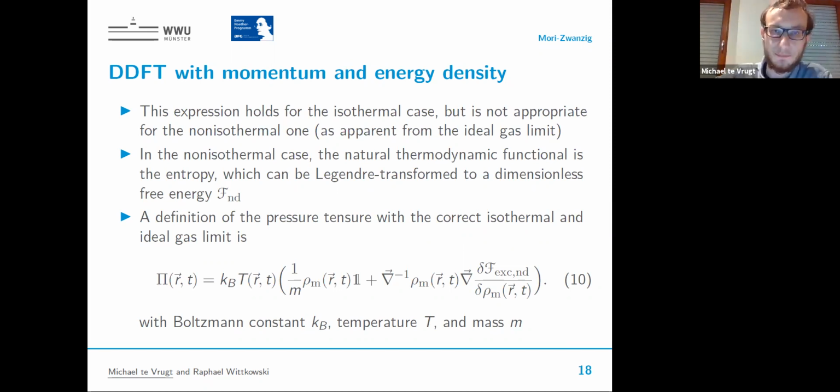And that has to do with the fact that in the non-isothermal case, the natural thermodynamic function to consider is not the free energy, but the entropy. From that, we can perform a Legendre transformation to a free energy, but that free energy is dimensionless. So we would typically make it dimensional by multiplying it by kBT, but if T is a function of space and time, then we actually have to be careful with where to put the T, in front or after the gradient.